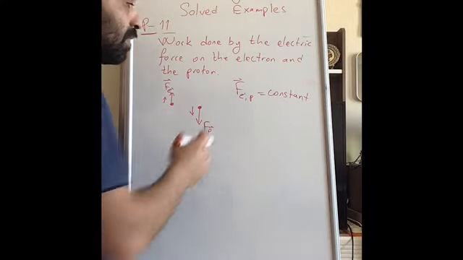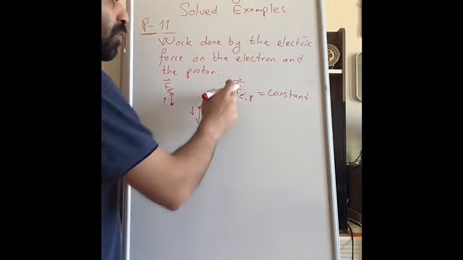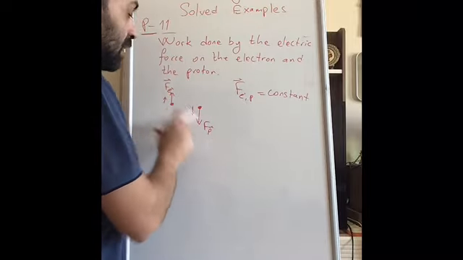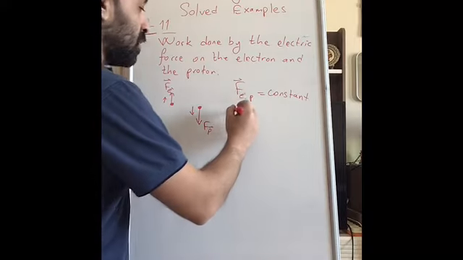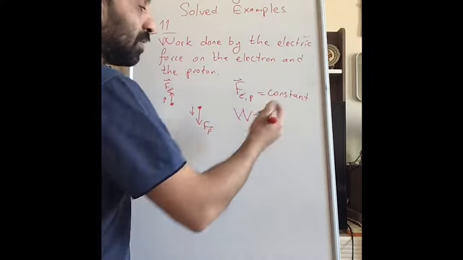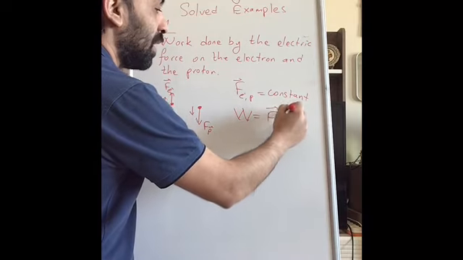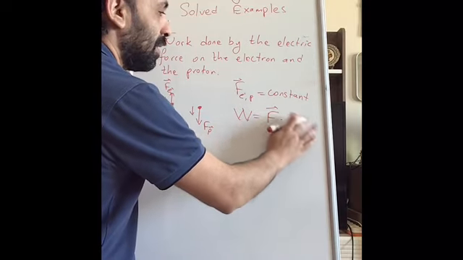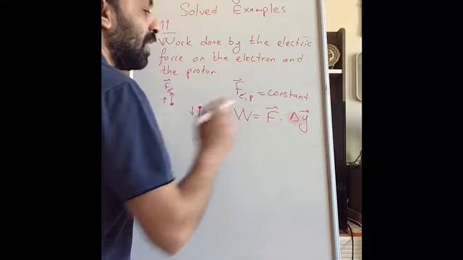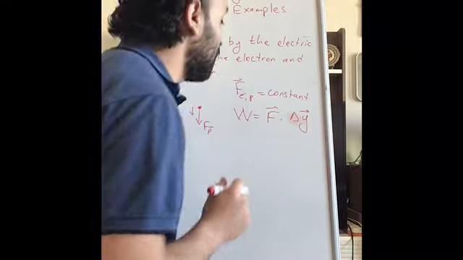Remember when we calculated, we found the same magnitude for each force, but of course they are in the opposite direction, so they are not equal as vectors. So, but work, since it is constant, we don't need to take any integration. F times S, or delta Y, will give you the work done by the electric force.